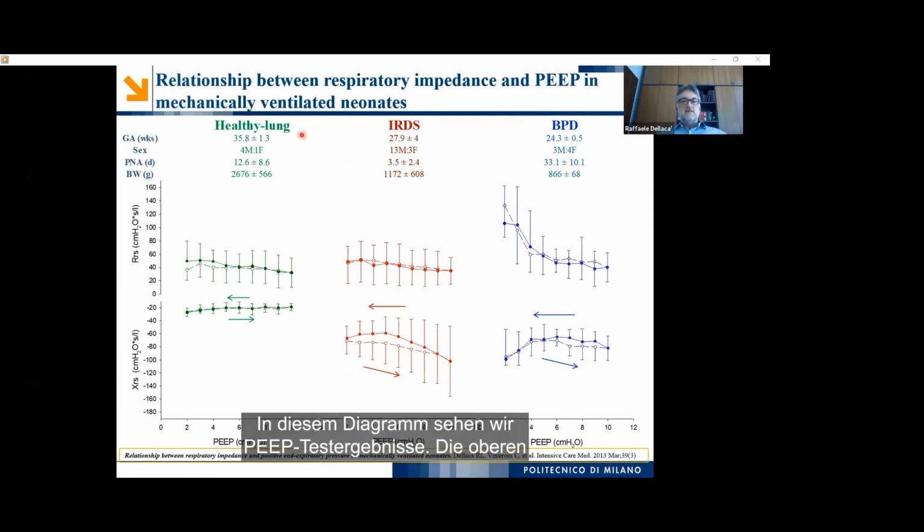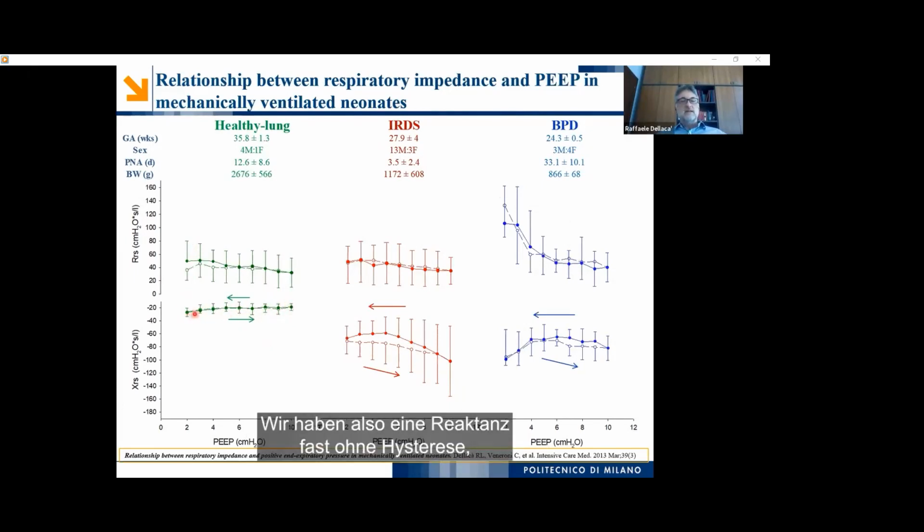In these graphs, we are reporting PEEP trial results in terms of resistance in the upper panels and reactance in the lower panels in patients with healthy lungs, in patients with RDS, and also in patients with BPD. And what you can observe is that the healthy lung has a behavior like the one that we have seen in the other patients when they were ready to wean.